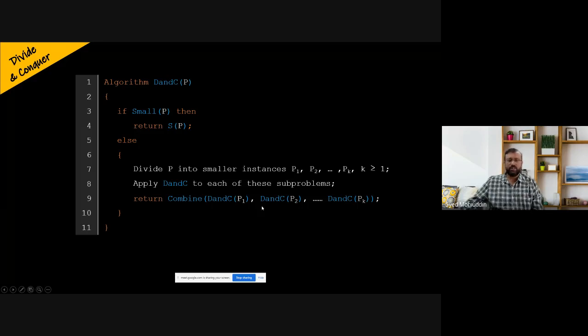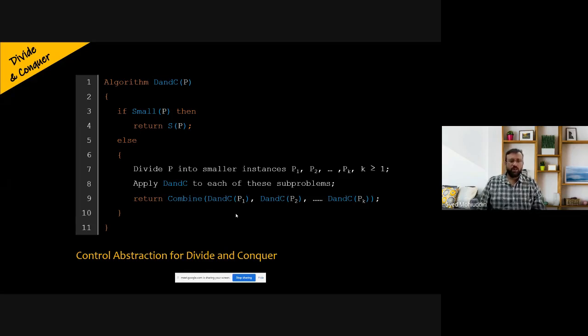This will give us the solution for the large problem P. Now remember, this algorithm is a general algorithm for divide and conquer. It is also known as control abstraction. Sometimes the textbook uses this word, control abstraction, for the divide and conquer approach.